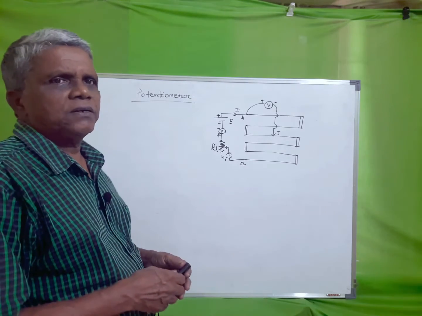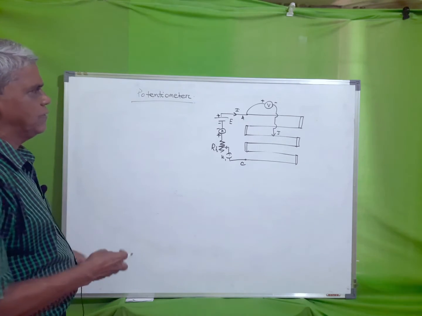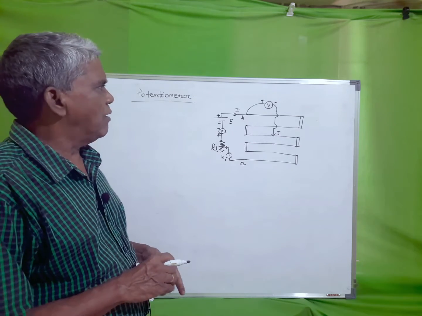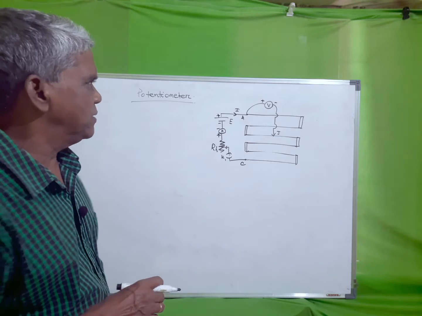A potentiometer is an arrangement used for measurement of the EMF of a cell, comparison of the EMF of two cells, or measurement of the internal resistance of a cell.